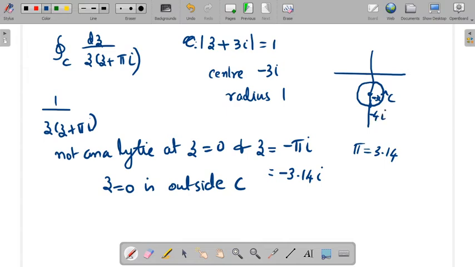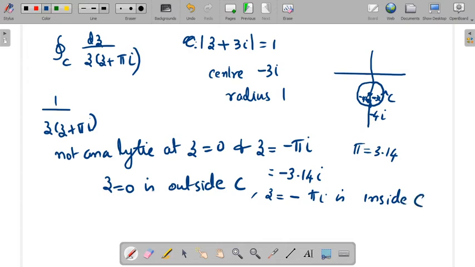Radius is 1. So the y value here is minus 3, and after going a radius of one, the y value will be minus 4. So the point minus 3.14 i is within C. So z equal to 0 is outside C and z equal to minus pi i is inside C.